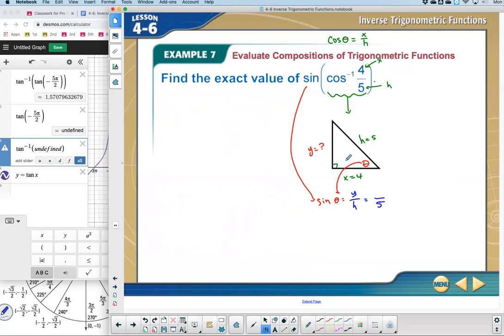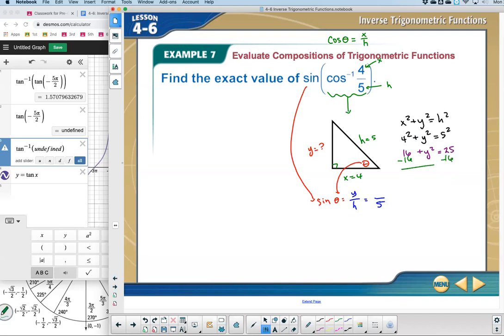To solve for it, I'm just going to use the Pythagorean Theorem. Let's say that x squared plus y squared equals my hypotenuse squared. So x is 4, my y is unknown, my h is 5. 4 times 4 is 16. 5 times 5 is 25. I subtract my 16, since it's adding to the y squared I'm trying to isolate.